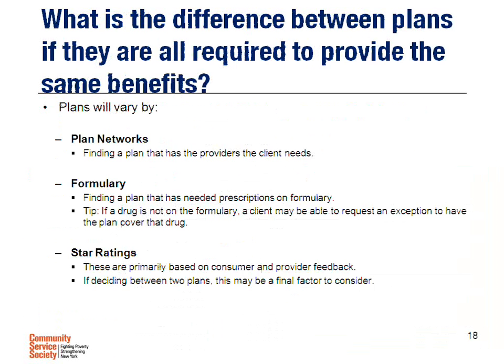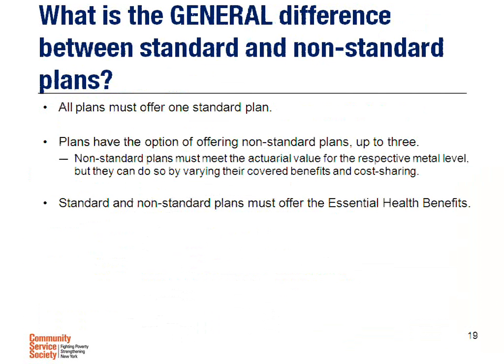So regardless, you are getting more or less the same value, but you may be getting it elsewhere in the non-standard plan. To play around with that value, they may add benefits, usually in the wellness area, but they can also vary their cost sharing, right?